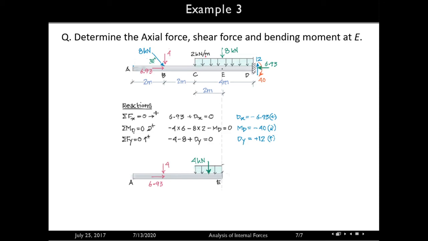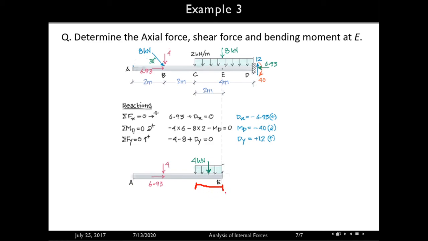As we have already calculated the reactions, we need to take a section at point E. So taking a section just at point E means the length of the uniformly distributed load will get reduced. Initially it was 4 meter, now, as we have taken up to E, the length will be 2 meter.